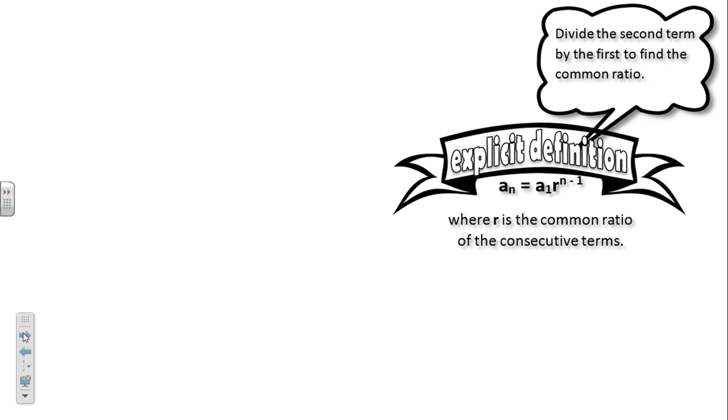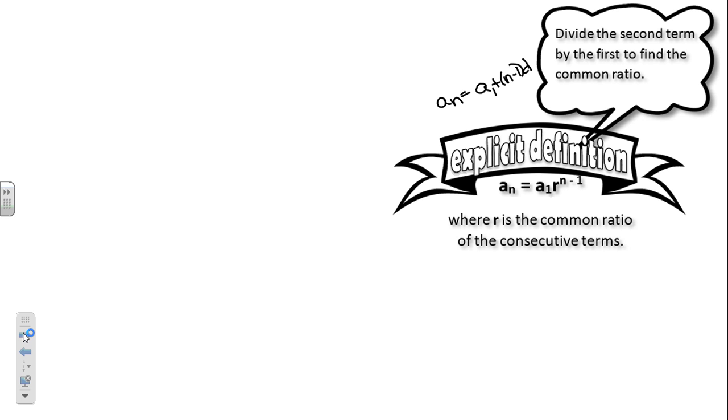Okay, kind of similar to that other formula I mentioned, the explicit definition of an arithmetic sequence: a sub n is equal to a sub 1 plus n minus 1 common differences. Okay, that's very similar to this one. We've got to back it off 1 because if we take r to the first power, we'll be multiplying it by a ratio to begin with.